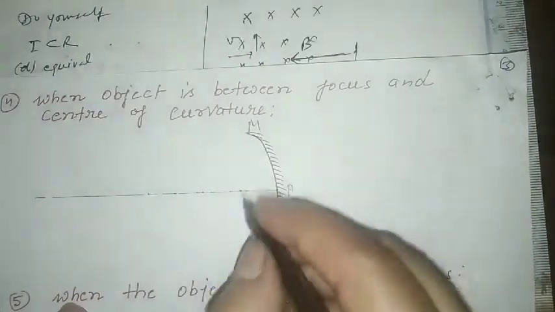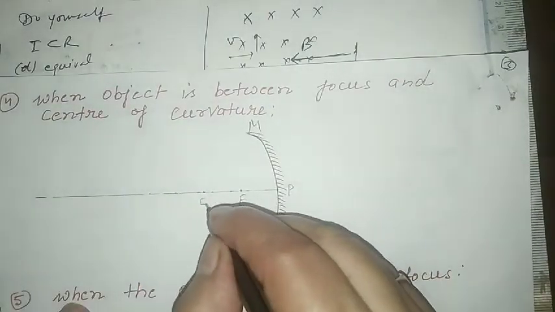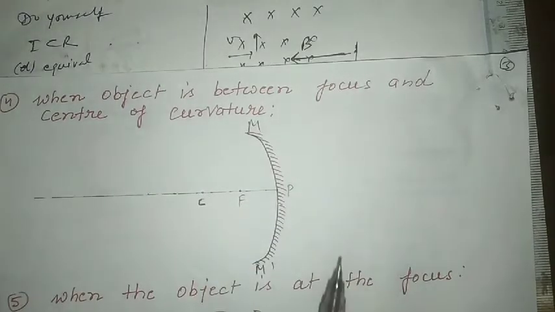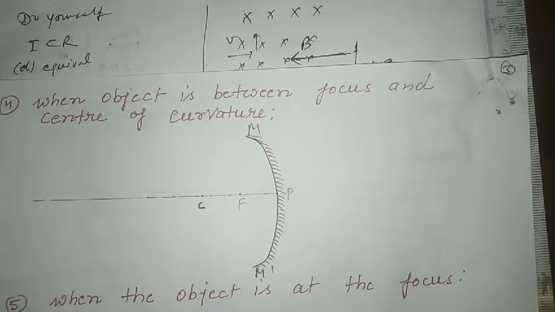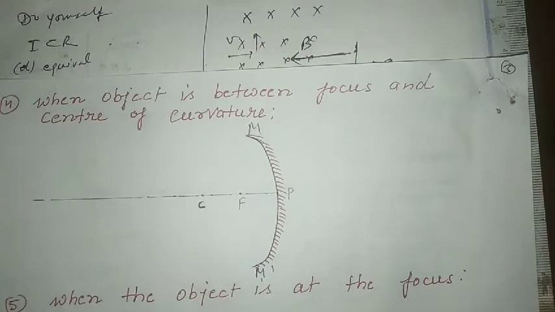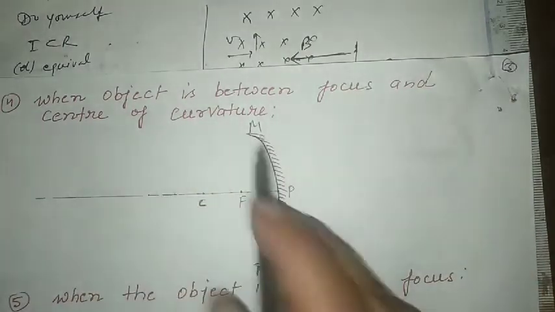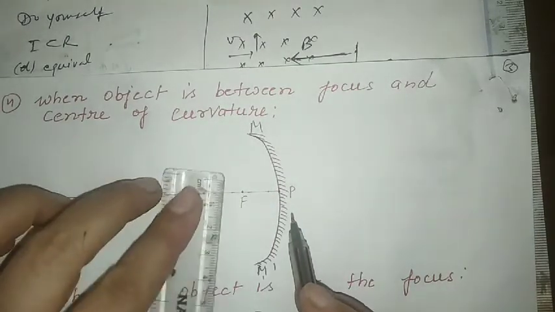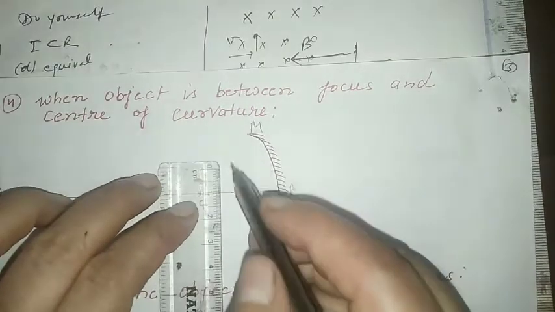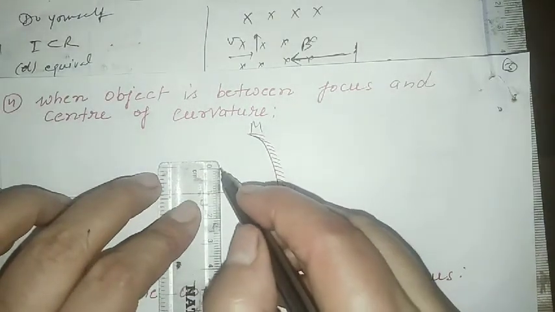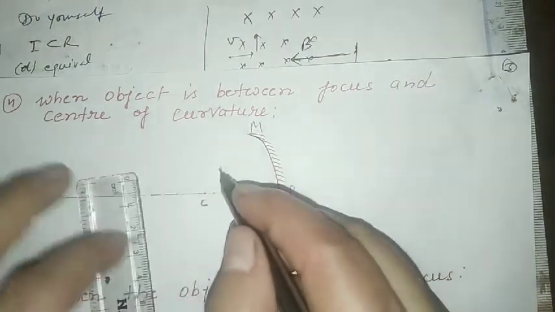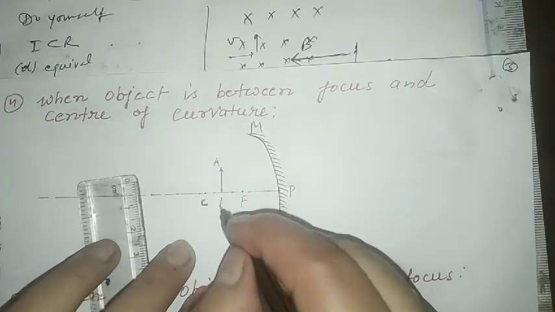So suppose this one is F, this one is C. So where is the object placed now? The object is placed between the focus and the center of curvature. Suppose it is placed here. This is A and B.